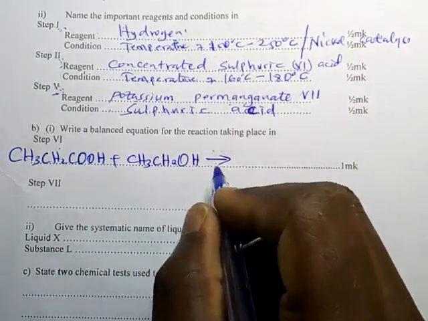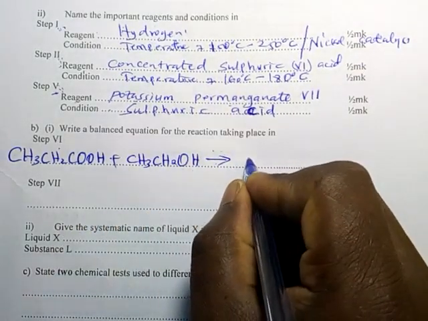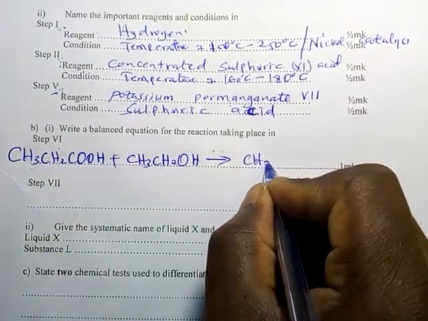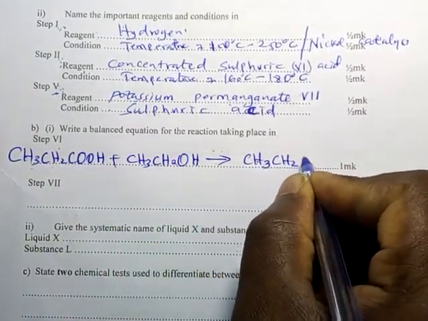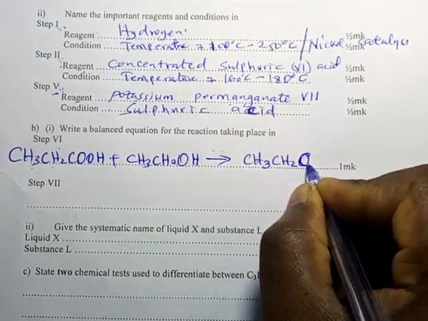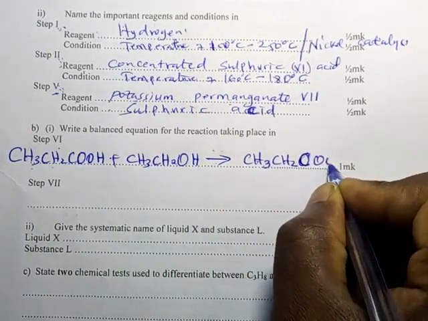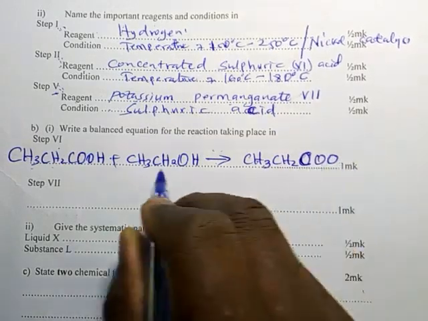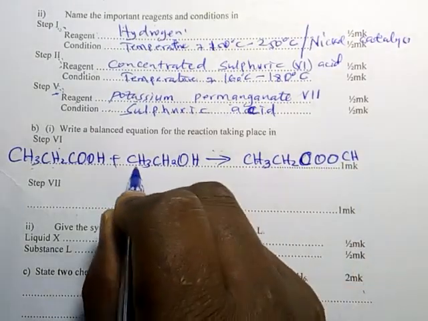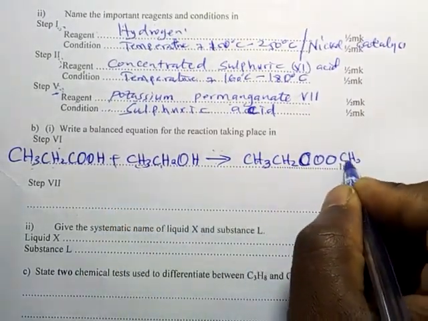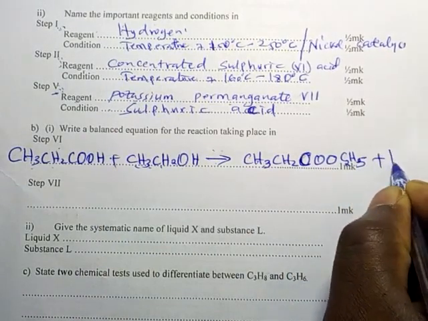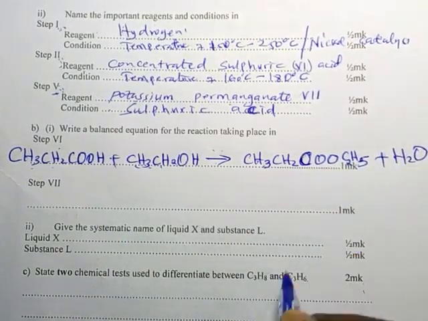It will form ethyl propanoate, CH3CH2COOC2H5, plus water.